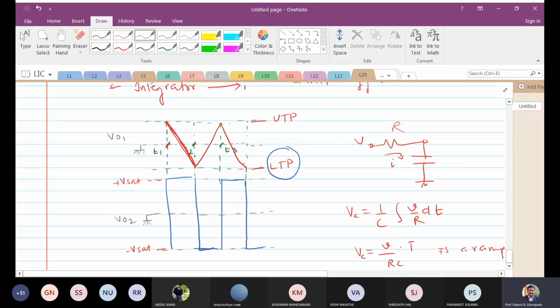When it arrives at LTP, the output is going to switch to minus Vsat, isn't it? Simple. So if it is going to minus Vsat now, look at what is the input to the integrator. It is a constant minus Vsat, and so it starts charging in the positive direction like this. Positive direction. You're getting it? This is how it really works.